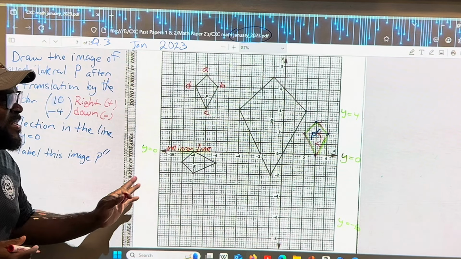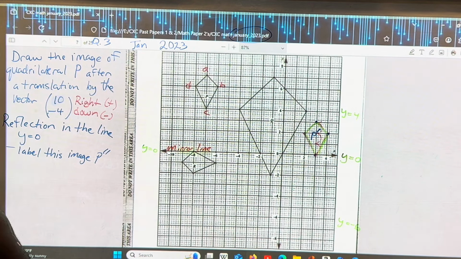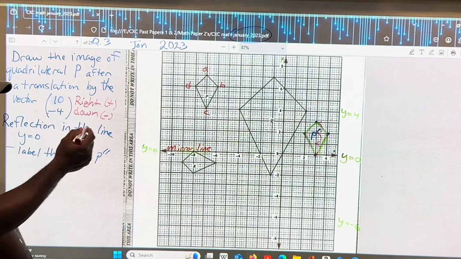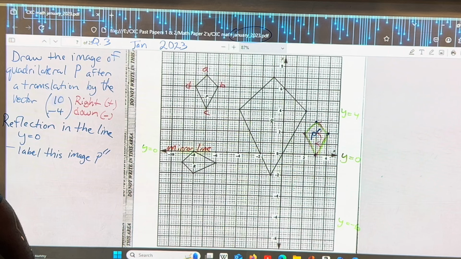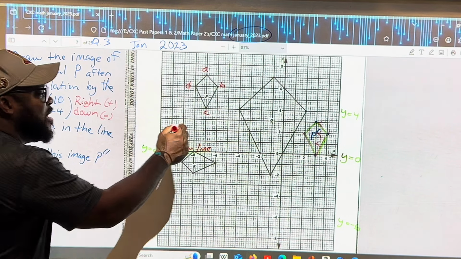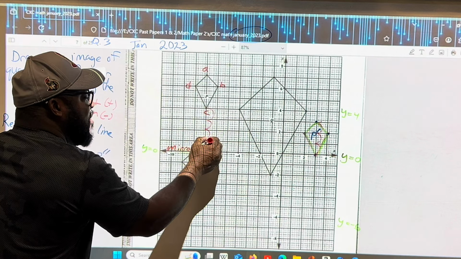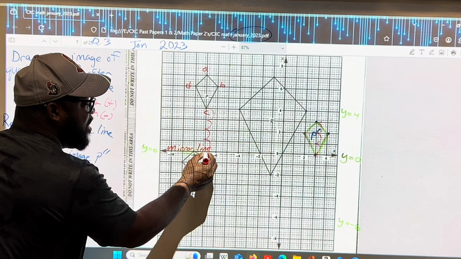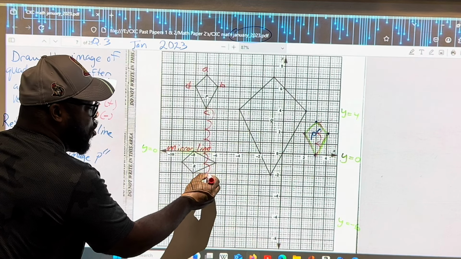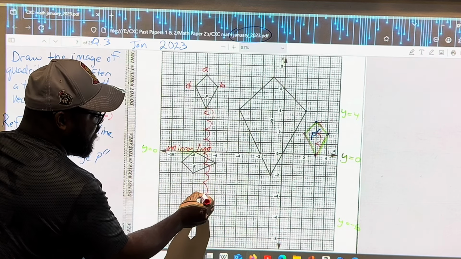The mirror line is the x-axis, okay? How far is C from the mirror line, which is the line of symmetry? 4. You count it: 1, 2, 3, 4. So then you have to count 4 on the other side: 1, 2, 3, 4.